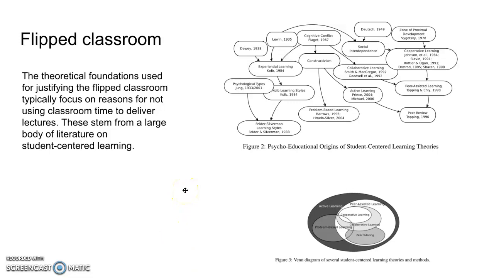It's also possible to generate a Venn diagram to show the complex relationship between this group of theories, as shown in figure 3. It's important to note that while learning style serves as the justification for differential learning activities, it does not necessarily provide a framework for how this activity should be structured.